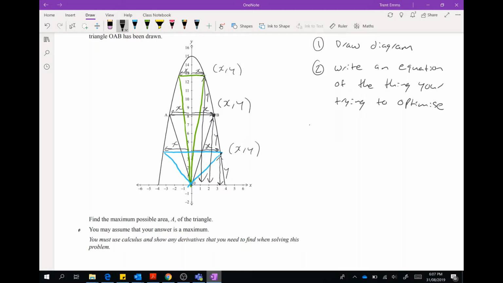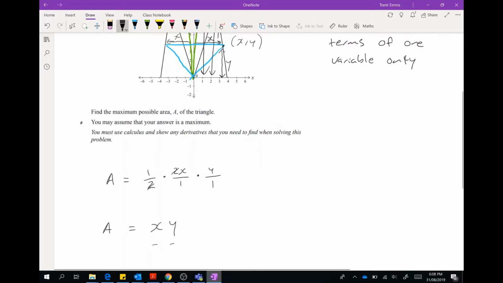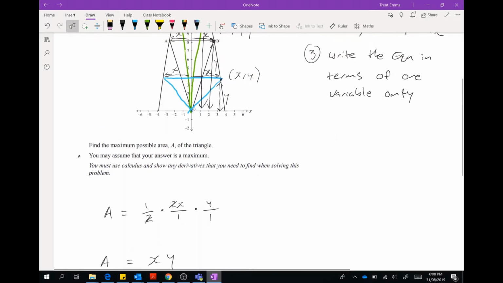Step 3 is you need to write the equation in terms of one variable only. At the moment the problem is that we've got x and y which are dependent on each other, so we must be able to have a connecting equation between the two.